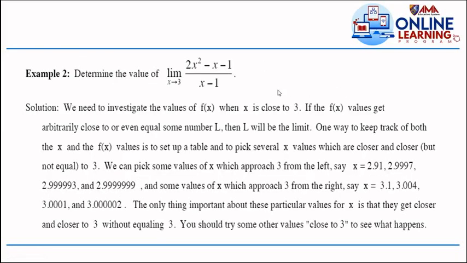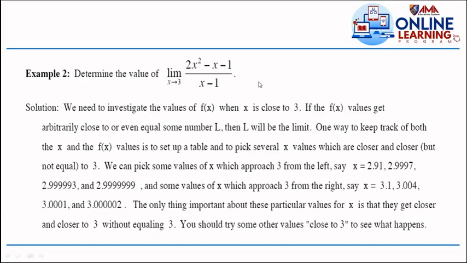Dito, pag minanual muna natin using yung algebra method, okay? Pag titingnan po natin dito in our denominator, 3 minus 1, the answer is 2, no? Sa taas naman, 3 squared is 9 times 2 is 18, minus 3 is 15, minus 1 is 14.